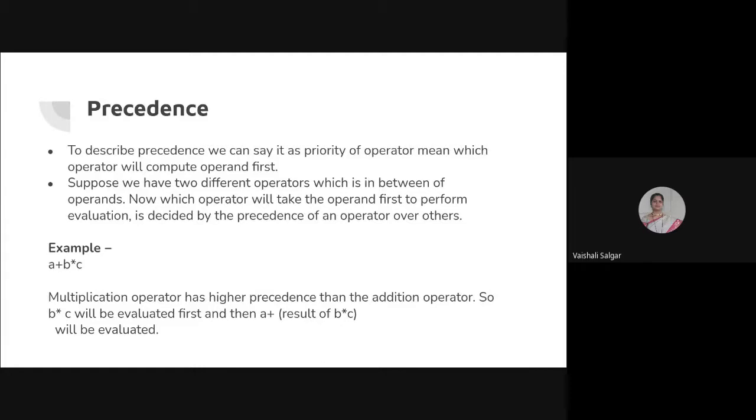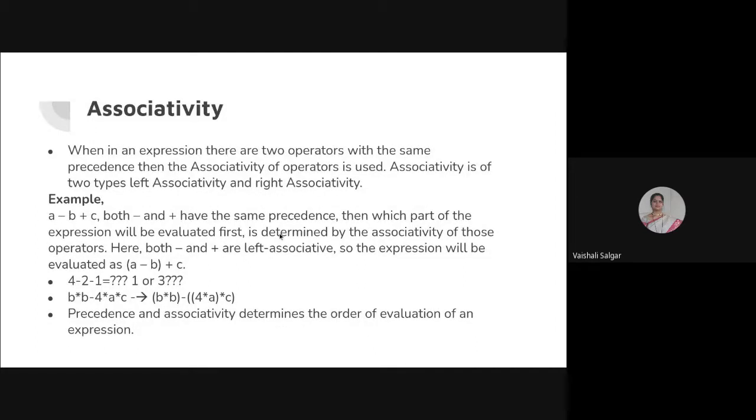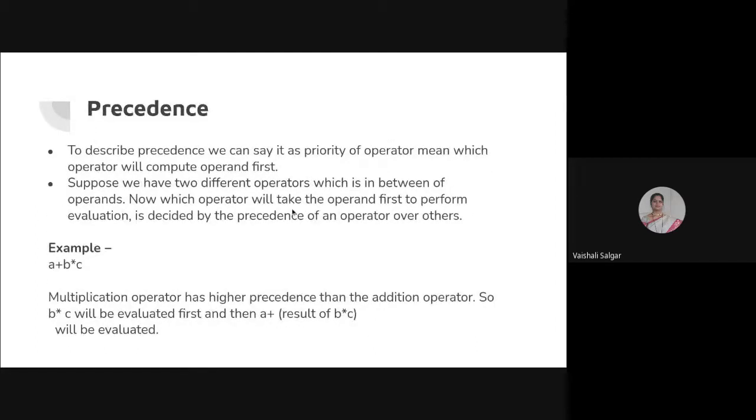So in that case, first we will evaluate the division, because division has higher precedence over plus or minus. So this is an example which we have already done: A plus B into C. But obviously B into C first, because multiplication has higher precedence than the addition operation. Now next, even though the precedence is there, there is associativity also.